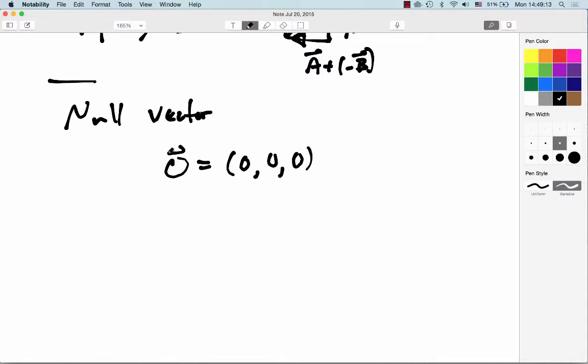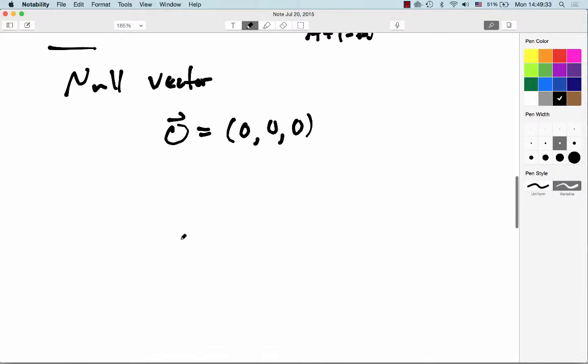You'll find a lot of books don't bother putting the little arrow over it. That's strictly speaking not correct, because without the arrow, that's just the number 0, and we would have to compare against 3 different numbers 0. So it's more correct to draw the little arrow over it, but I don't get strung out if people don't do that, because you'll see it all the time.